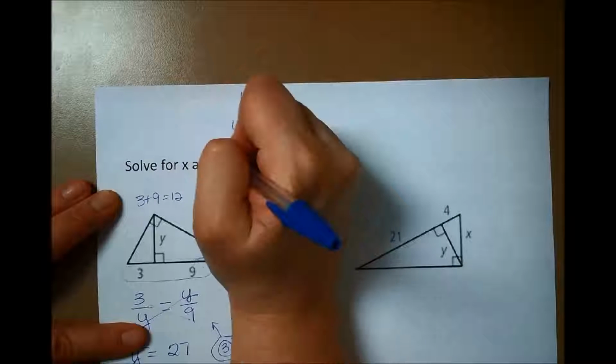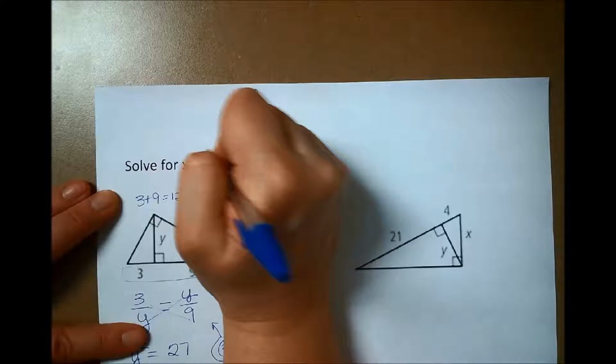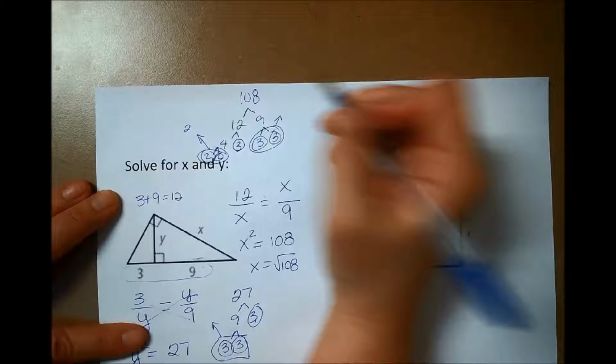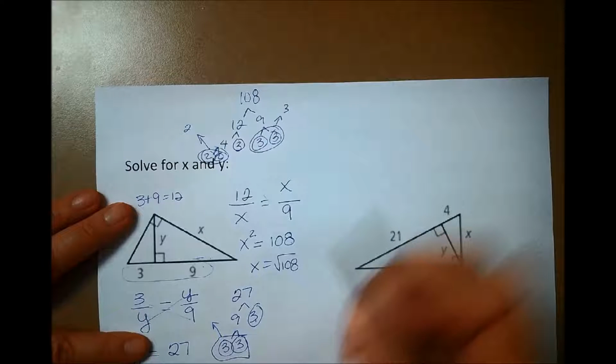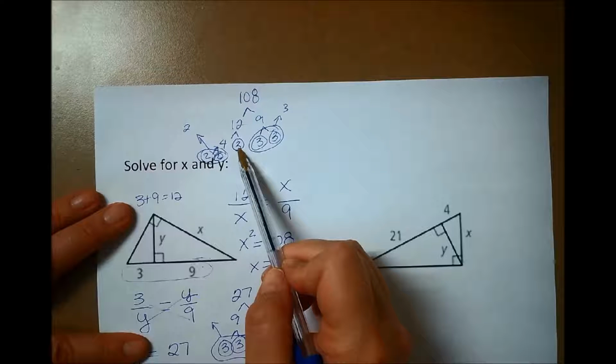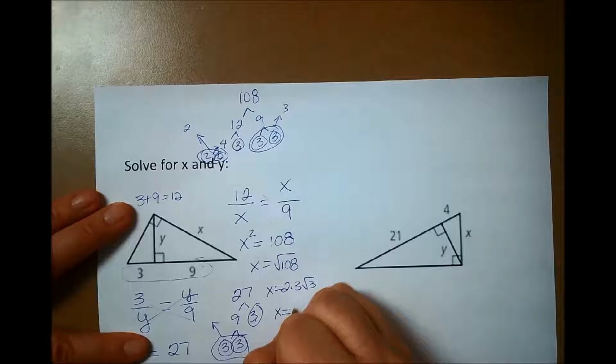And 4 is 2 times 2. And they're breaking out of jail. So we have a 2 group and a 3 group coming out. So we get x equals 2 times 3. And that one little 3 has no partner, so he's stuck in jail. So x equals 6 square root 3.